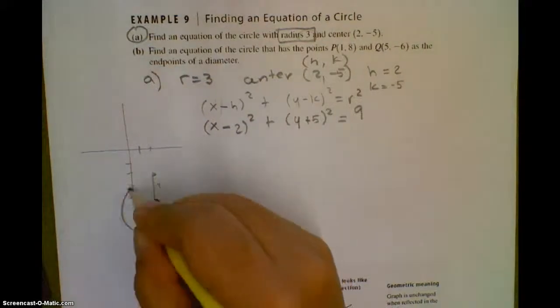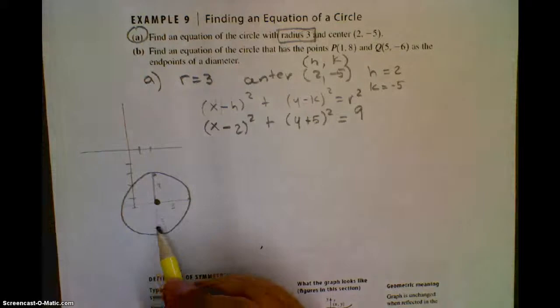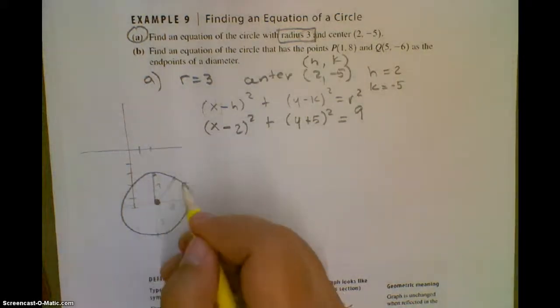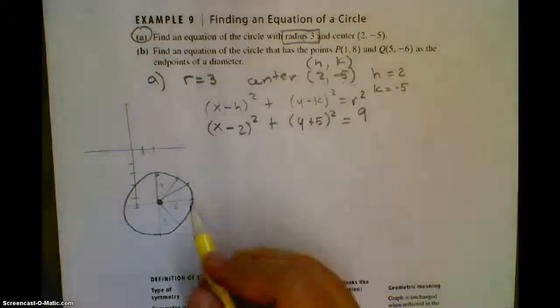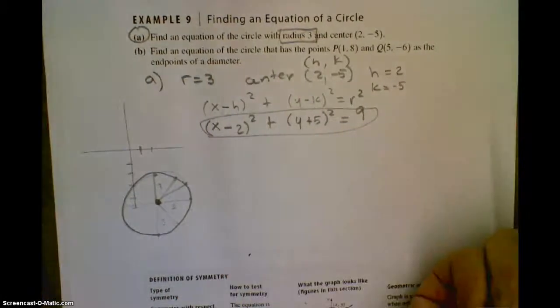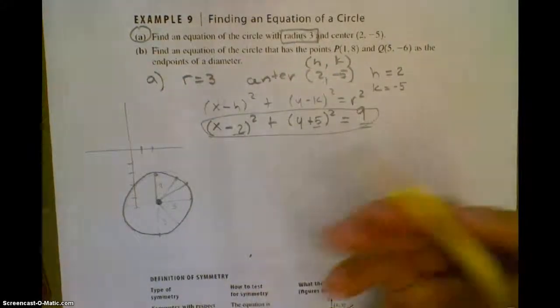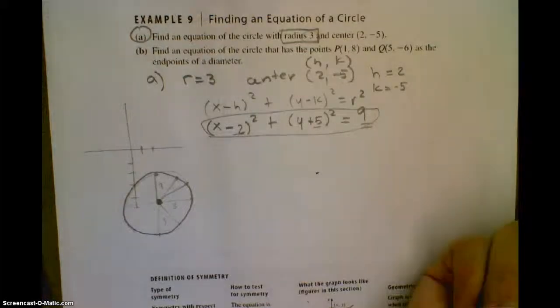And then you can graph your circle. All these points are 3 units away from the center. And even these ones that are diagonally away from the center, they are 3 away. So the graph of this circle is represented by this equation. This equation contains the center and the radius, how far away the points are from the center.